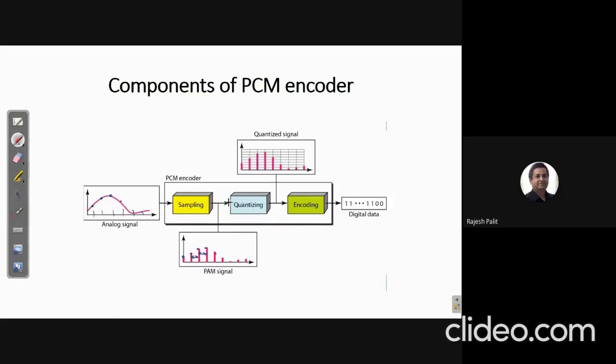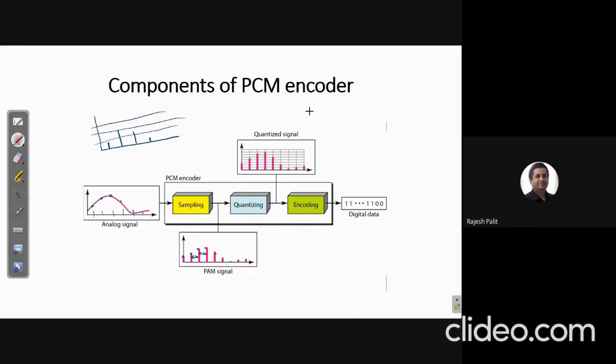Now the second step is quantization. From the signal you have got this, so 4 samples you have taken, and these are the samples. But we know that in a digital signal, we have a limited number of levels, right? So 4 levels, 2 levels, 8 levels, 16 levels, whatever.